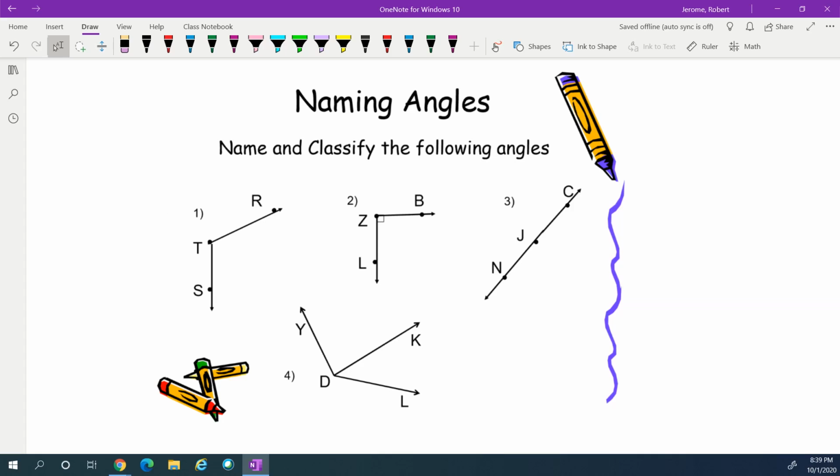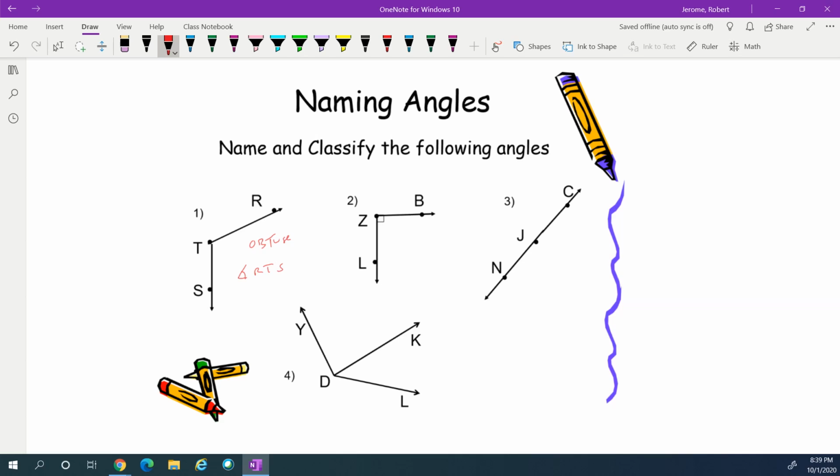So we're asked to do a few things here. We're asked to name and classify some of these angles. So in number one, it certainly looks more than 90. So I might say obtuse. And I might call it angle RTS.